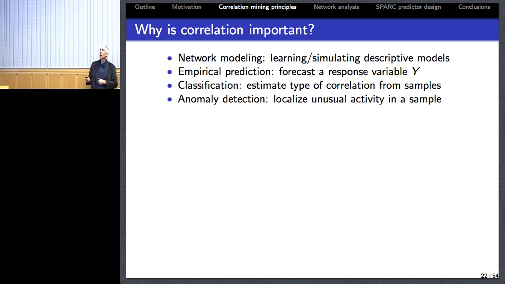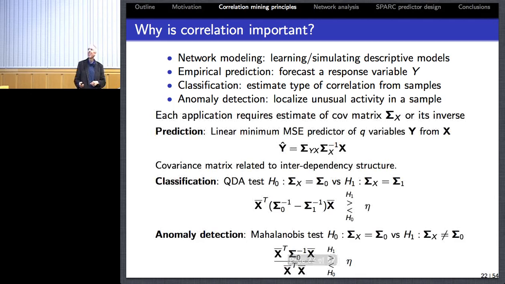There's prediction, forecasting a response variable, predicting whether somebody is going to recover from a pathogen response, or whether someone's going to get sick, relative to, say, a measurement of their interferon-inducible pathway before they show symptoms. There's classification, and anomaly detection, localizing unusual activity. All of these involve correlation to some degree. And these are just equations that some of you who have worked in the bioinformatics statistical field will recognize.